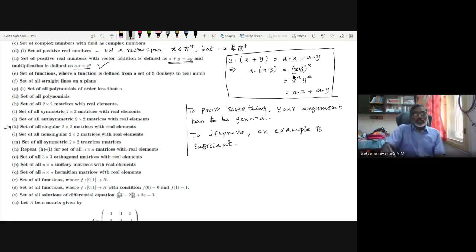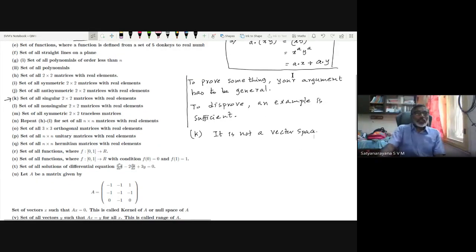So K is not a vector space. That means I am not going to prove that it is a vector space; I'm going to disprove that it's a vector space.